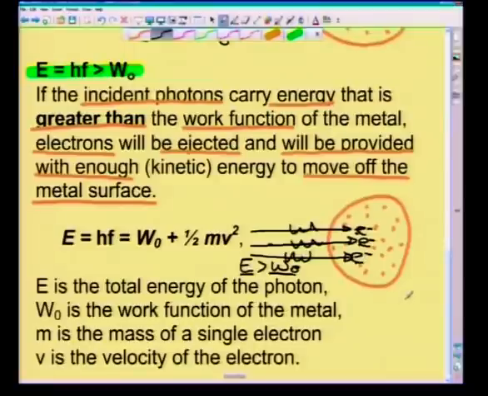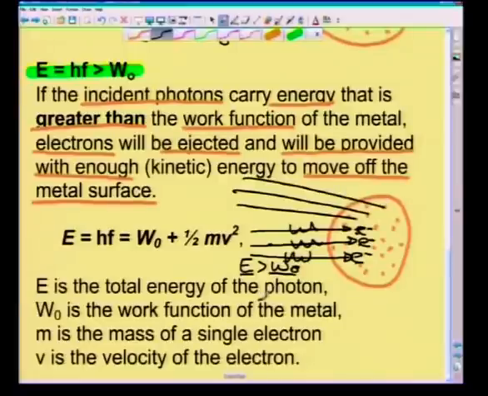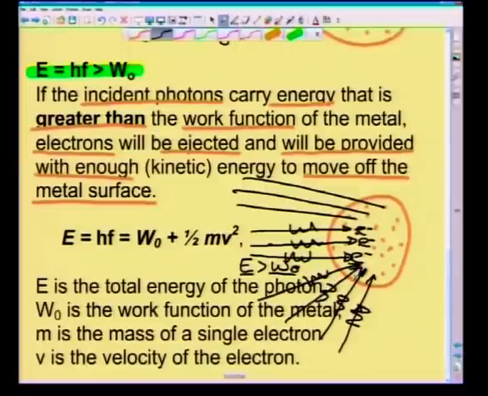That's what is happening. If you intensify this light, if you increase the intensity, if you make it bright, all it means is that you will have more of these incident photons of light. And what does it mean for the electrons being ejected when you've got more photons coming in?